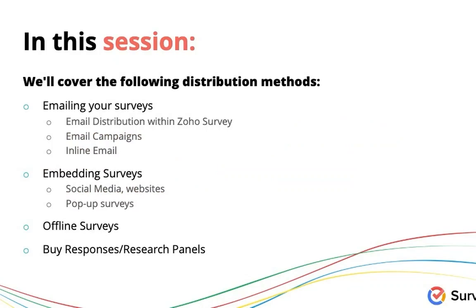The whole purpose behind having multiple methods to reach out to your survey takers is so that A, you can get as many responses as possible, and B, so that you can make it as convenient as possible for your respondents. Some may not have internet connection, some may not have their own devices, some might not be able to access their emails regularly.